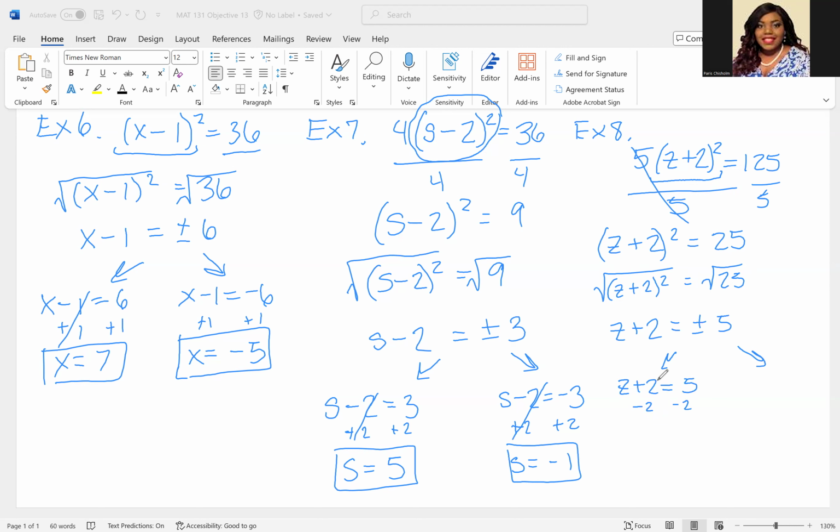We're going to subtract 2 from both sides to get z equals 3. And for our other problem, we're going to have z + 2 equals negative 5. We're going to subtract 2 on both sides, and z is going to be negative 7. All right, so z is 3 and negative 7.